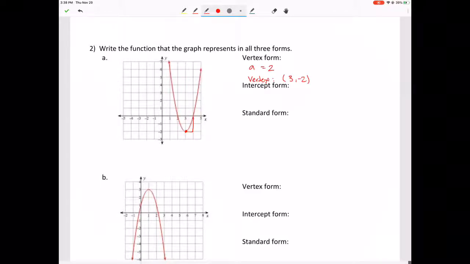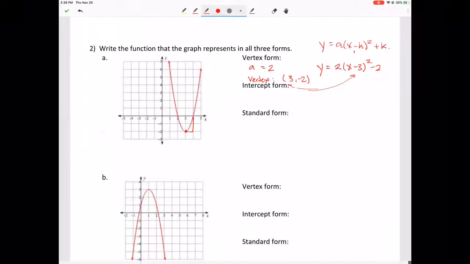Okay, plug that into our equation for the vertex. Y equals 2 times x minus 3 squared minus 2. Okay, remember y equals A. Okay, so here h is positive, so you plug it in, but there's already a negative here, so you don't need to worry about switching it when you plug it in. Okay?